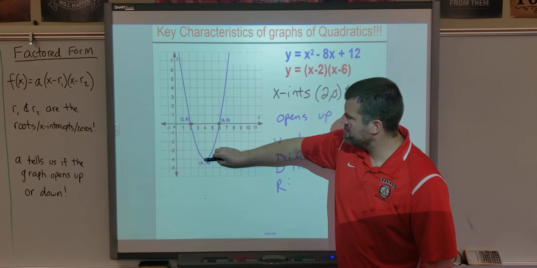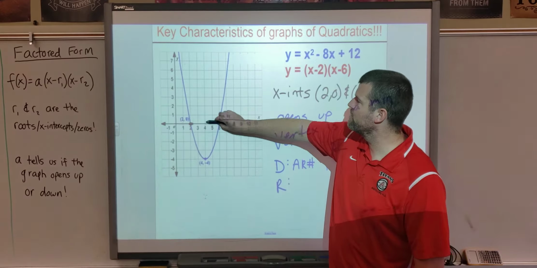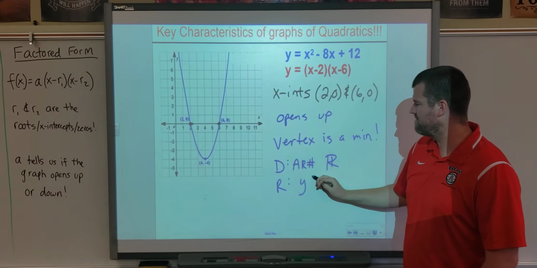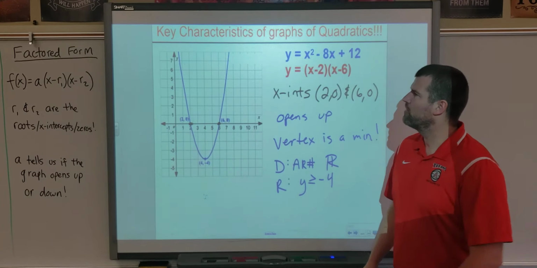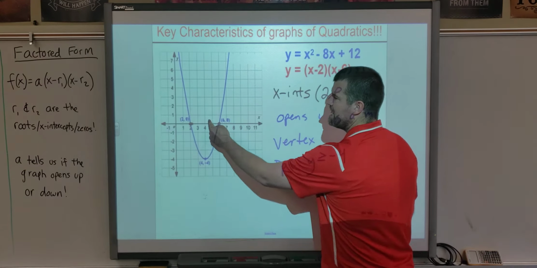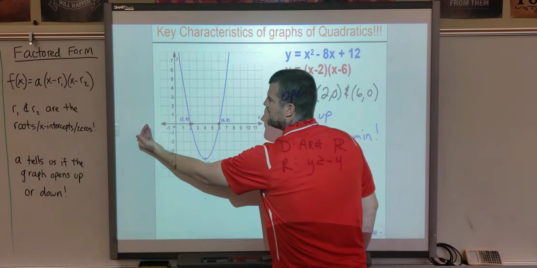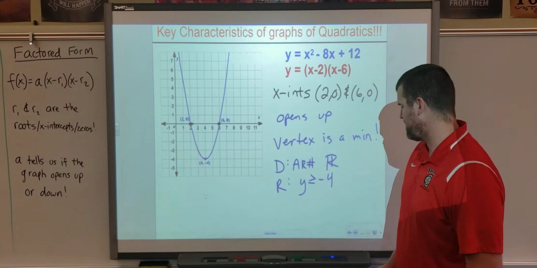The lowest we go is -4, but other than that, every y value is above -4. So our range is y is greater than or equal to -4. The graph is increasing from here over, so our interval of increase would be 4 to infinity, and the interval of decrease would be -infinity to 4. Just a little refresher on those things as well.